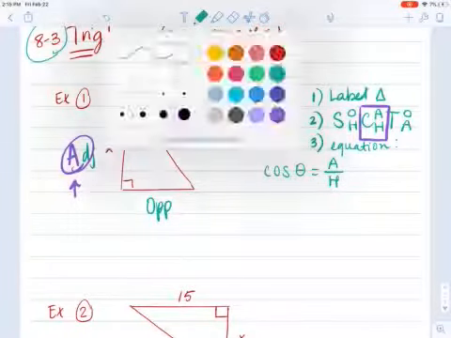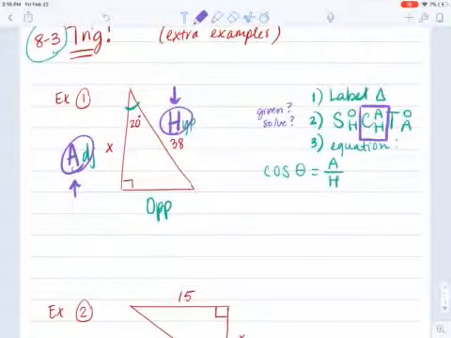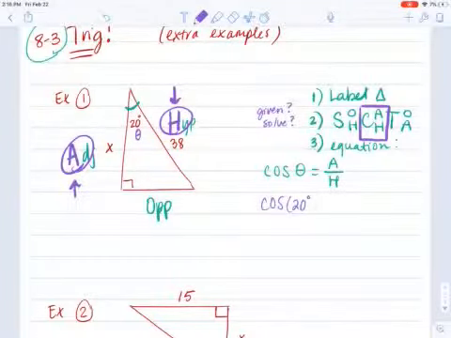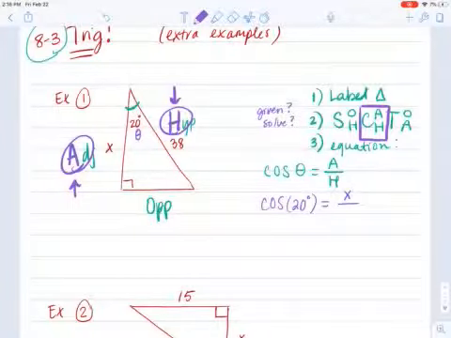Remember that theta is always talking about this angle. Theta is a variable, so that is 20 degrees. So cosine of 20 degrees equals, let's fill in the adjacent. Well, that's x, what we don't know, and the hypotenuse is 38.